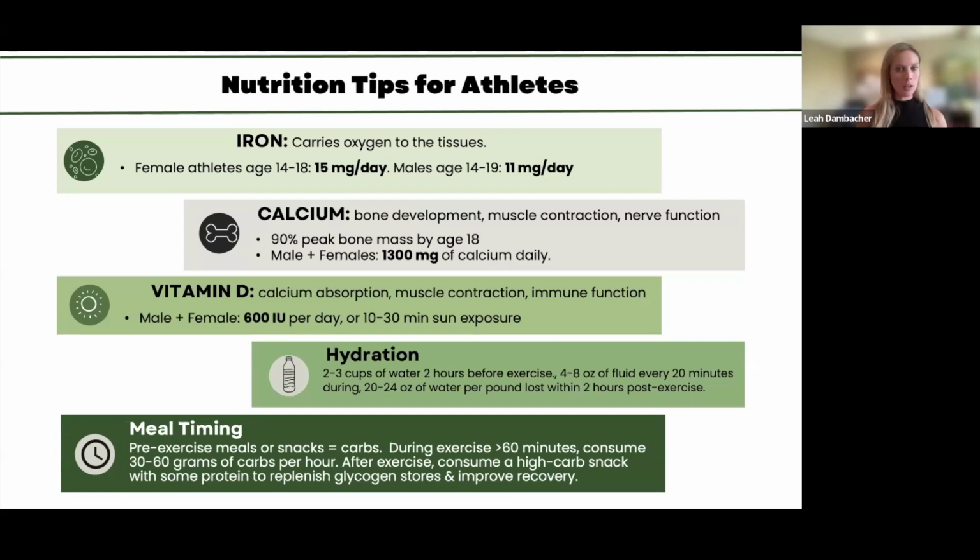Hydration, another one just to point out, very important for all athletes to make sure we're adequately hydrated, both before exercise and then replacing any fluids lost through sweat after exercise. And last, just to point out again, the importance of meal timing and making sure that we're getting adequate fueling prior to exercise.